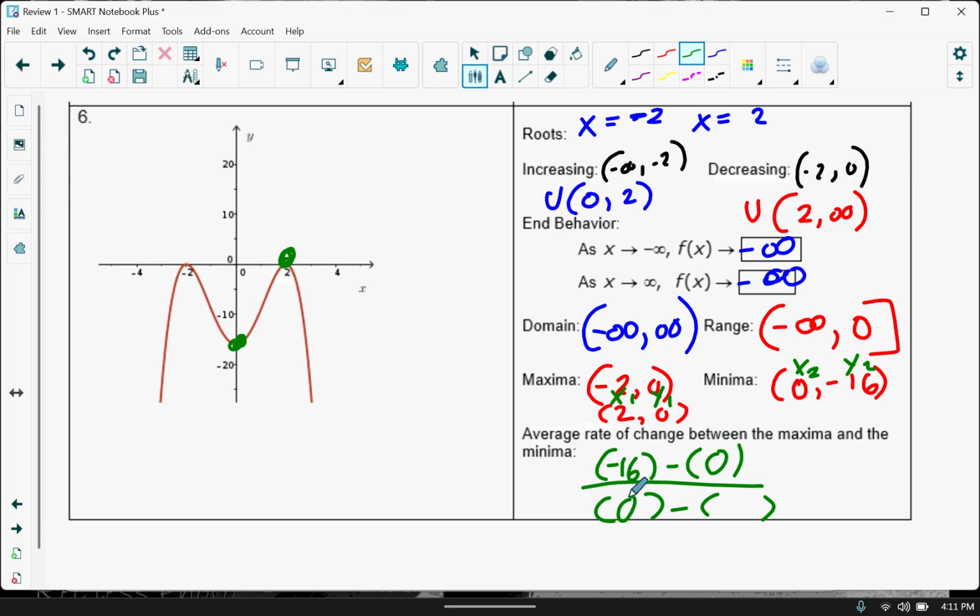And then x1 goes second, so I put the 2. You can type this whole thing into your calculator, and it's going to tell you that the answer is 8. If you were to use the other maximum with that single minimum, the only thing that changes is the sign, because they're at the same level anyway, so they'll have the same number, just different signs.